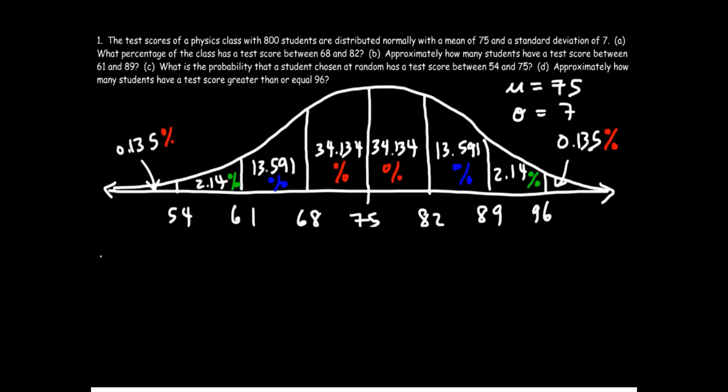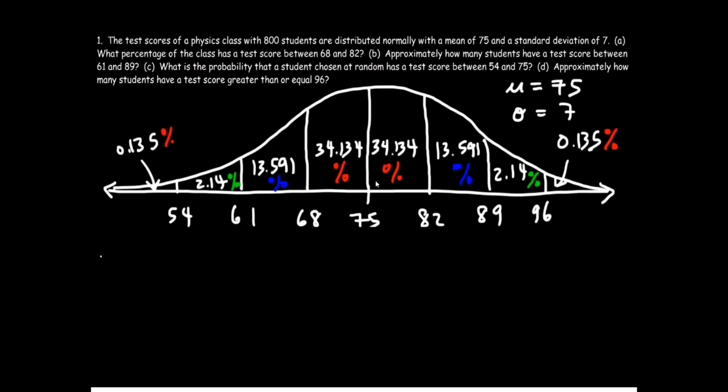The first thing I'll do is take the mean. I know it's normally distributed, so I can draw a bell-shaped curve, and each vertical line is going to be my standard deviation of 7. Keep in mind that 7 points is the average deviation from the average of 75. So I just set up my lines in both directions.